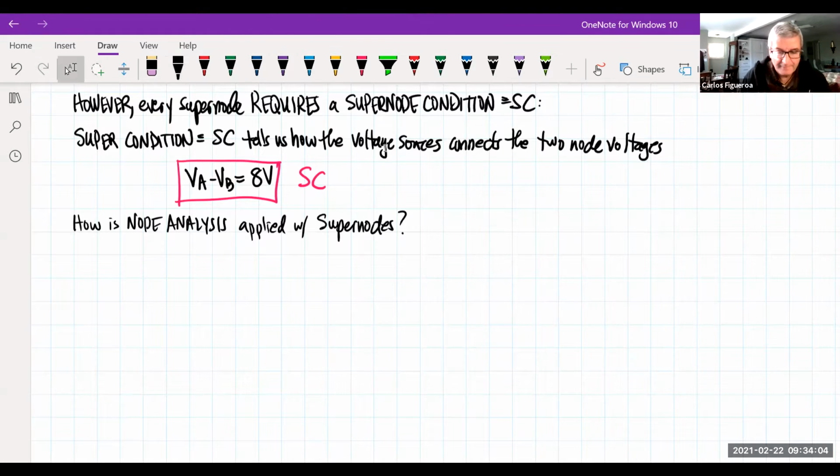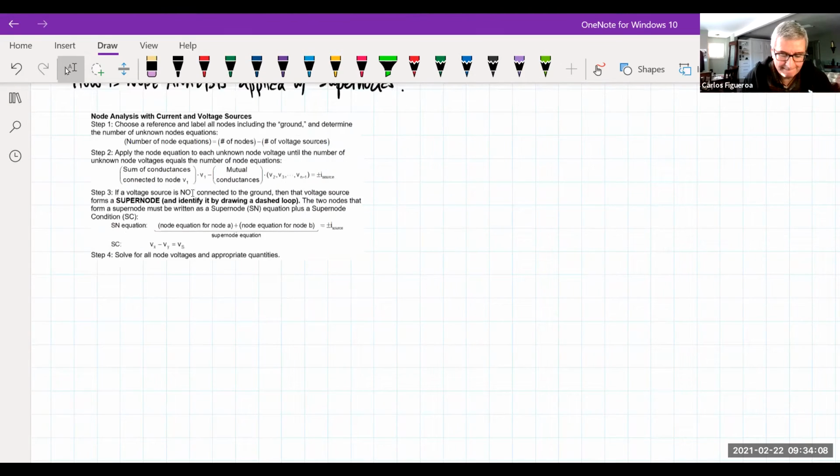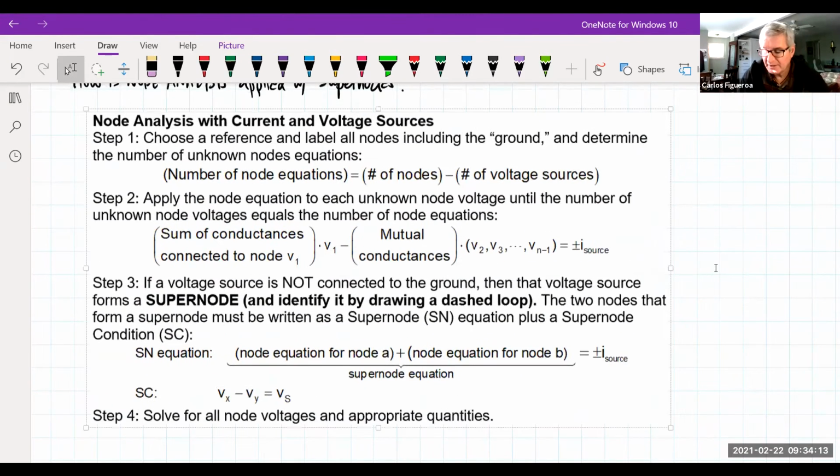And here I go. This is straight out of my lecture notes, and I have this problem-solving strategies. So check it out.